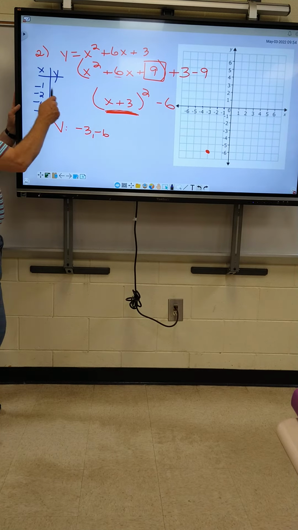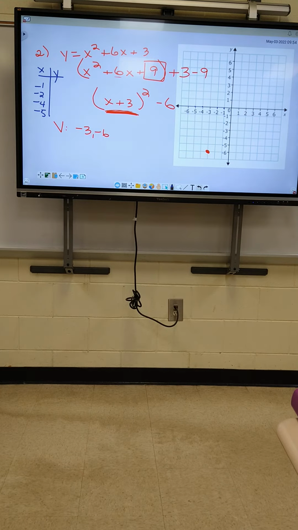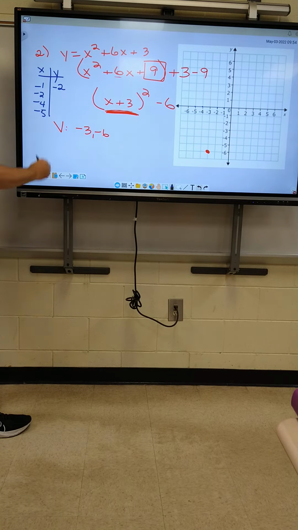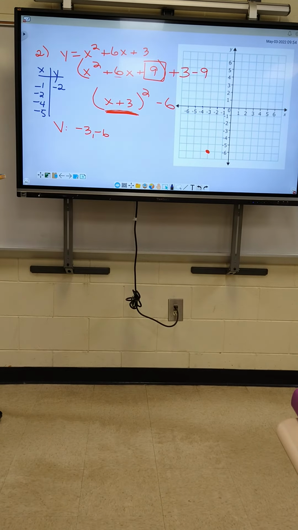All right, Tristan, plug in -1 right here. Plug in your calculator. Tell me what you get. -2. Let's see if that's what I get. I agree. That's -2. All right, Ryan Wright, plug in -2 right here. Plug that in your calculator. Sorry.